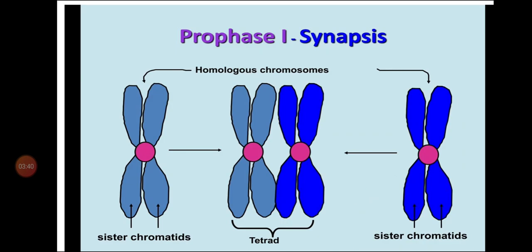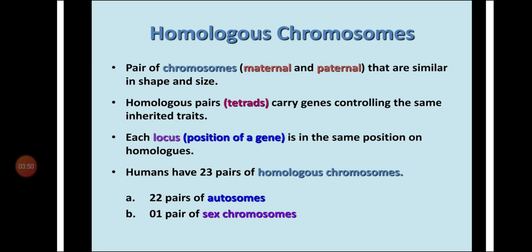Now one by one we will study in detail about these terms. What is synapsis? What is a sister chromatid? What is a tetrad? Let us first study the homologous chromosome. Homologous chromosome means a pair of chromosomes, maternal and paternal, meaning one will be a maternal chromosome and one will be a paternal chromosome.